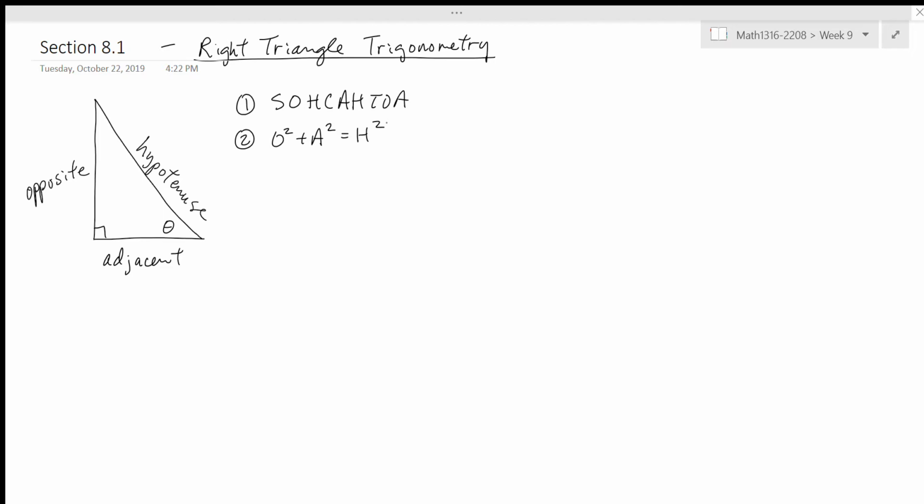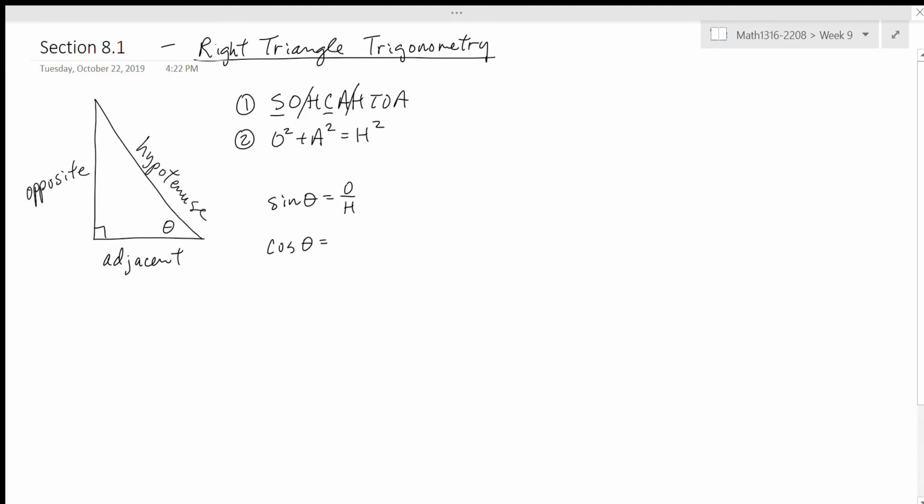Now, does everybody know what SOHCAHTOA means? Okay, if you don't, let me go through and explain it, or maybe y'all can help me explain it. What does the S stand for? Sine theta is... and then what does C stand for?